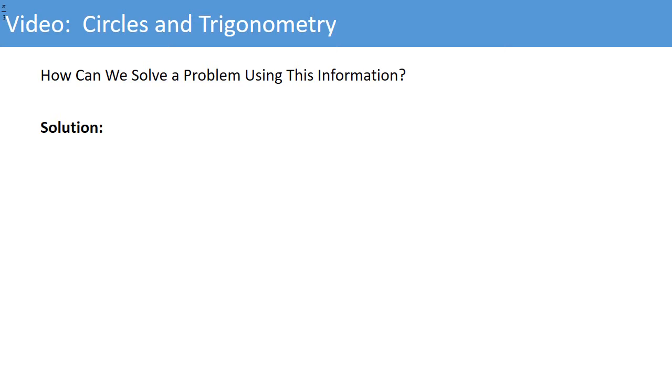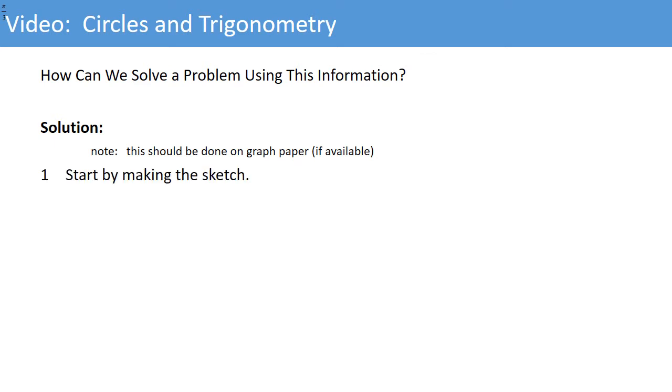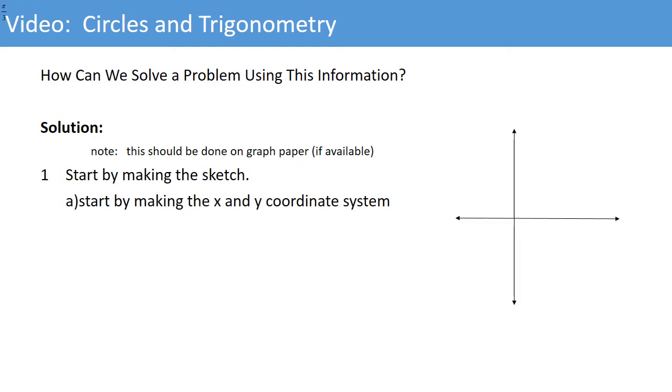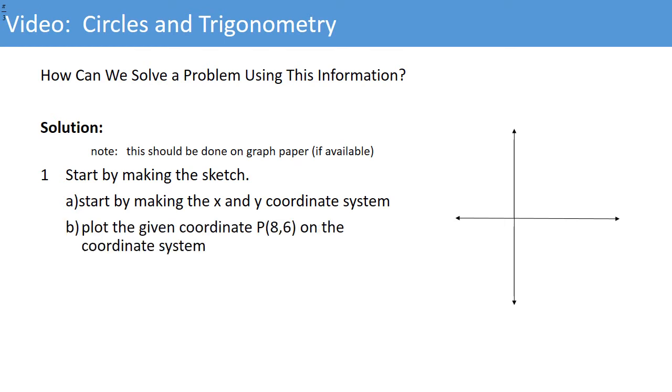Here is the solution. Note, this should be done on graph paper if you have any available. Number 1, start by making the sketch. To do this, make the X and Y coordinate system. Plot the given coordinate P at point 8, 6 on this system.